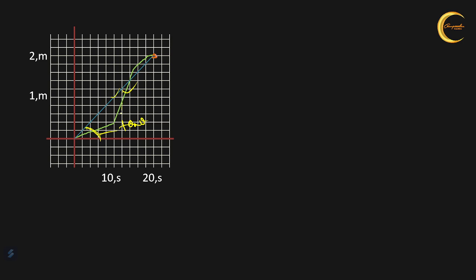Now you see this slope is not matched. Here this theta is greater than this theta. Now where this slope is matched, this is called the instantaneous velocity matched with the average velocity. Now we should know the instantaneous velocity.